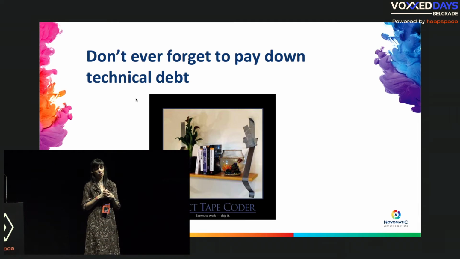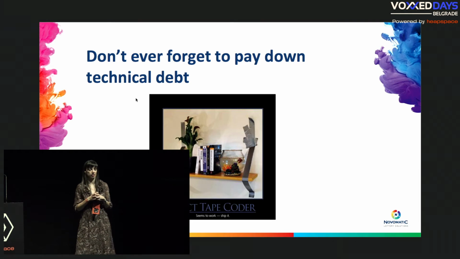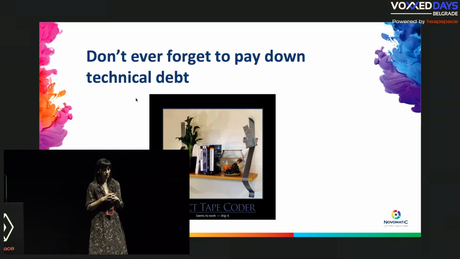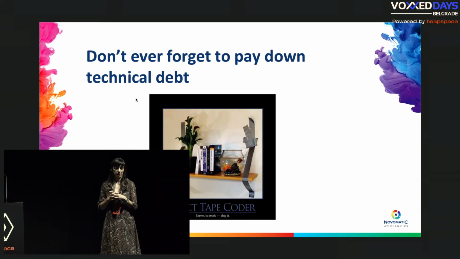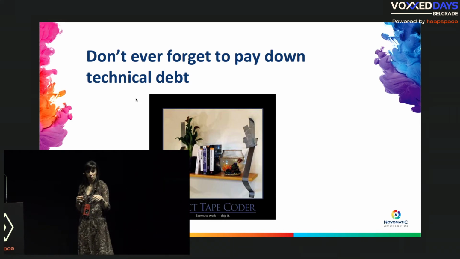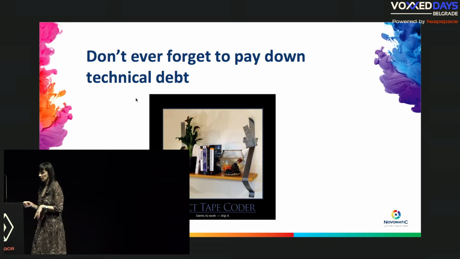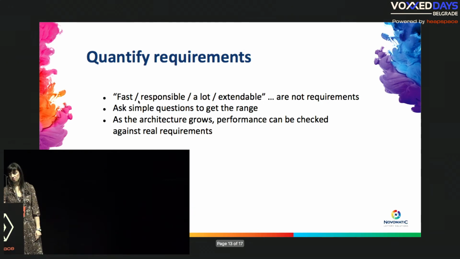But then make sure that developers come back and design it and do it the way it should have been done from the start. If you don't do this, then the quality of the system will surely degrade and you will have to pay this interest. It will cost you a lot more at the end. So don't just push it and forget about it. Never forget to pay back your technical debt.